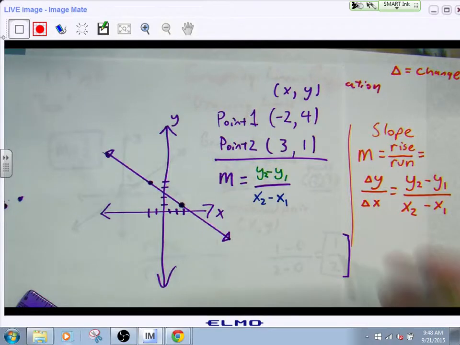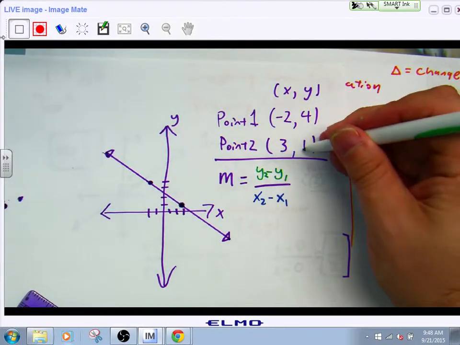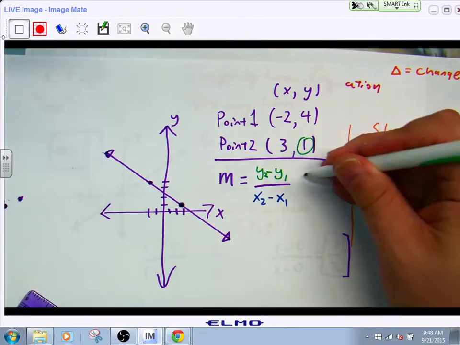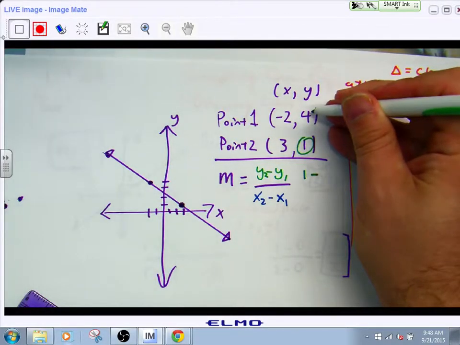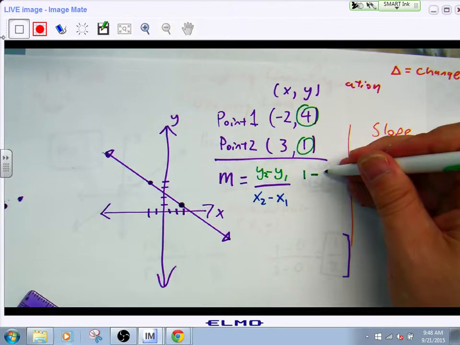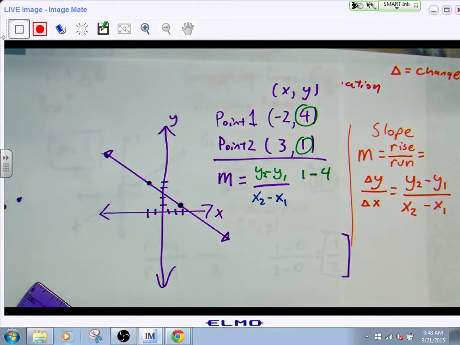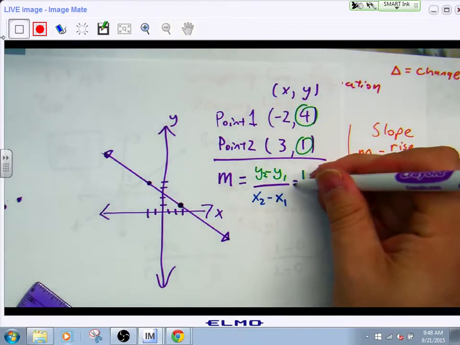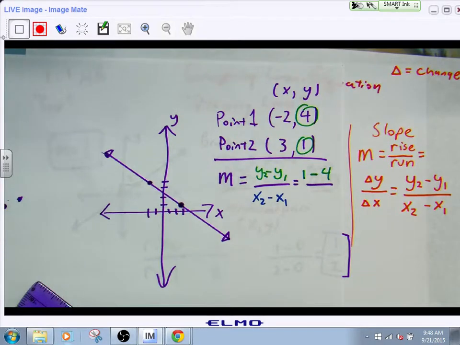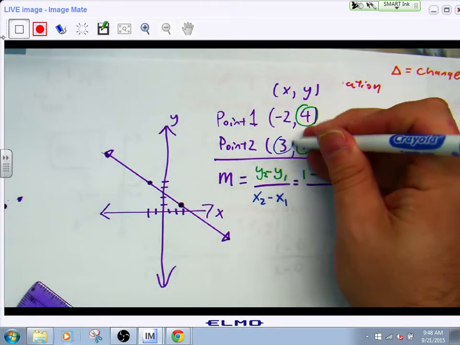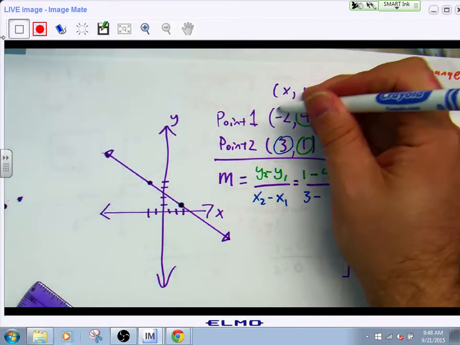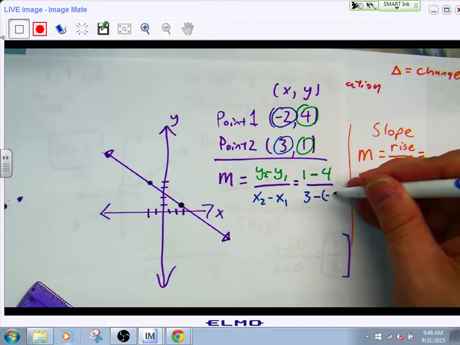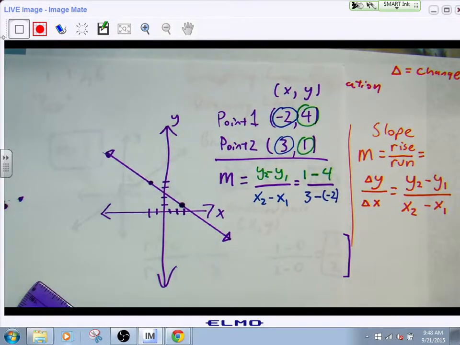All right, my y2 is right here, so that's 1 minus my y1, which is 4. All right, and so that's going to be all over my x2, which is 3, and that's going to be minus -2, just like that there, okay?